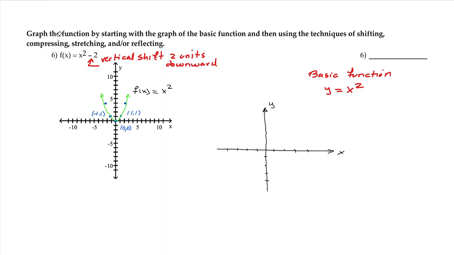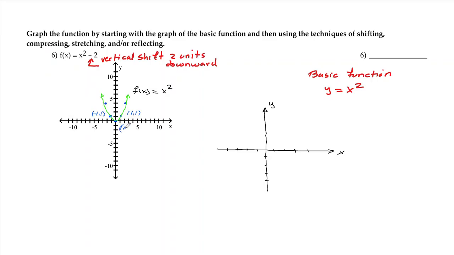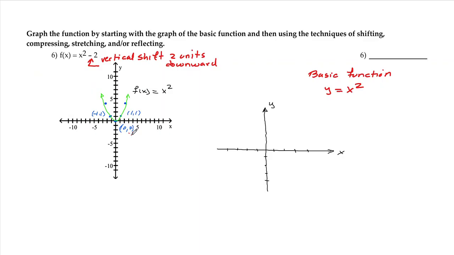Remember this point is 0, 0. So you will be subtracting 2 from the y coordinate to get your vertical shift. You subtract 2 from 0 to get a new position for this point, that would be 0, minus 2. So the new position of the point 0, 0 would be 0, minus 2.